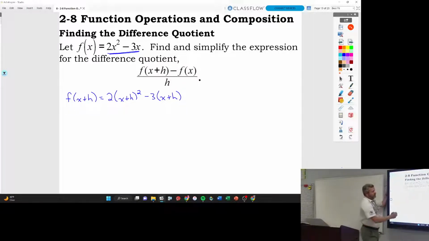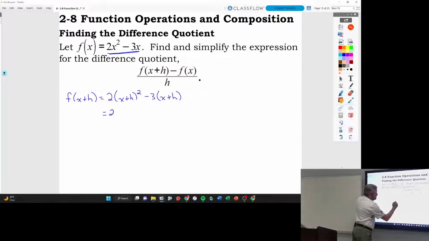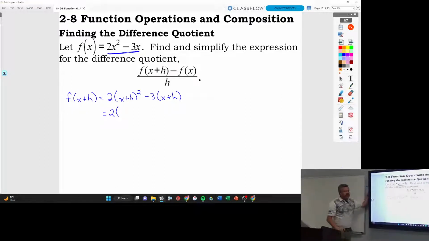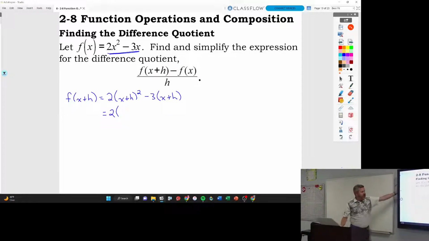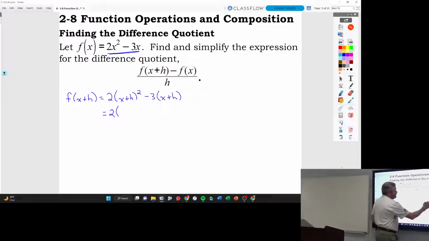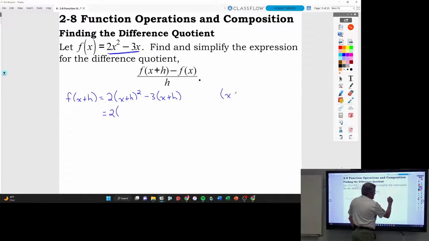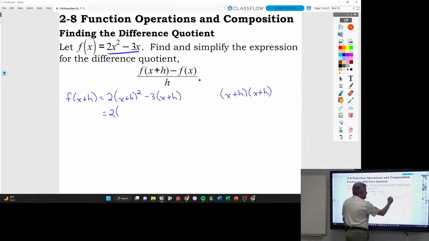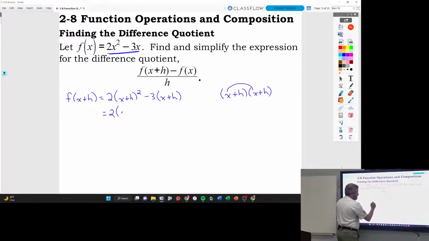Okay, and so to simplify this, using my order of operations, I'm going to take that x plus h and square it first. And recall, if I have x plus h squared, that's the same thing as x plus h times x plus h. And I'm going to double distribute. X times x is x squared.